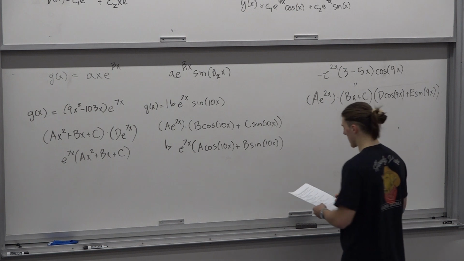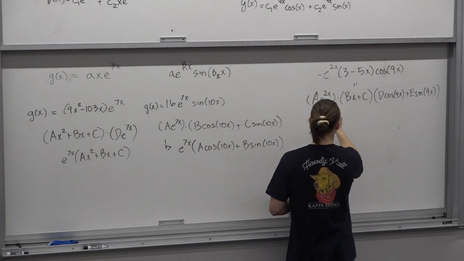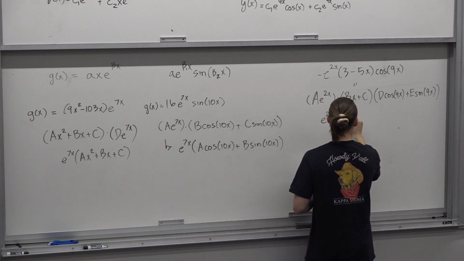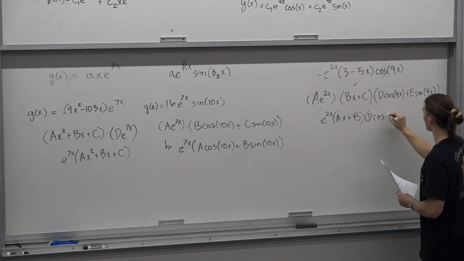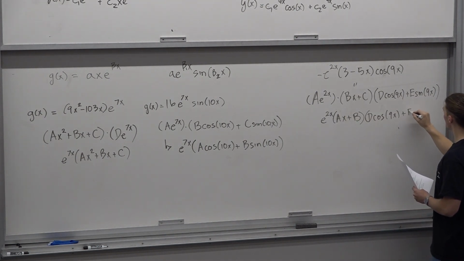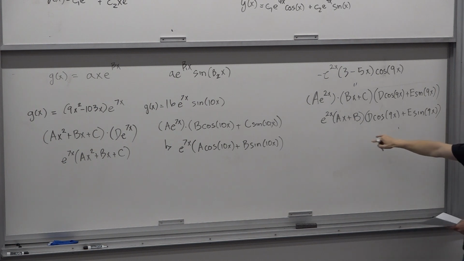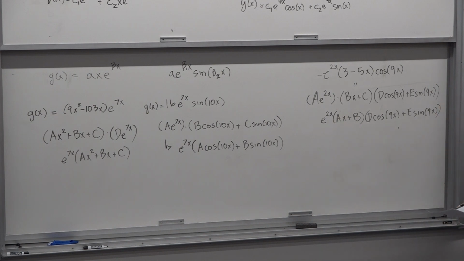So in this case, we can think of almost doing this step first. We have e to the 2x, ax plus b, times the same from here. And now we can think of distributing this into each one of these terms.